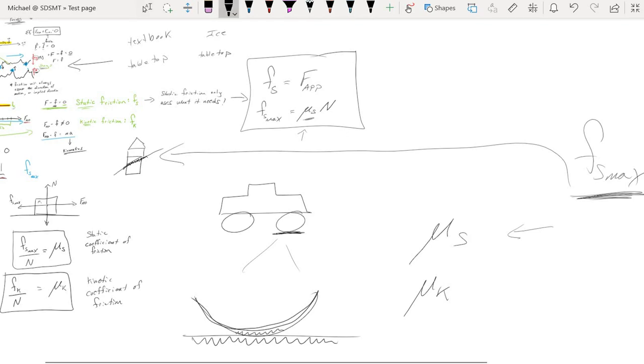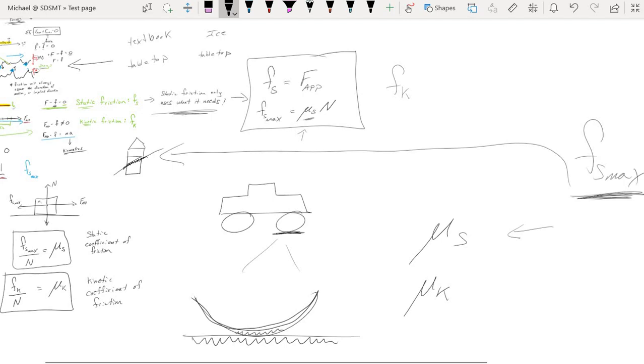So we have the distinction between static friction, which only uses what it needs until we get to the maximum static friction. Then we have an equation that we can use that will tell us what that breaking point will be.